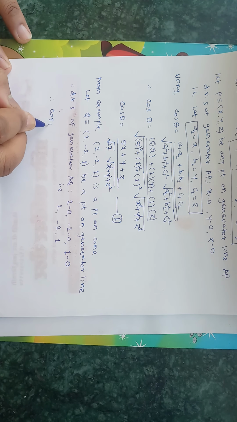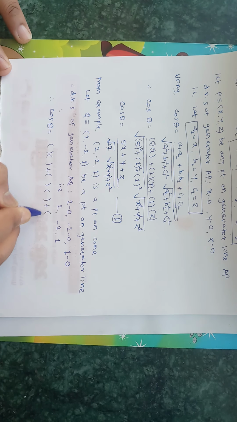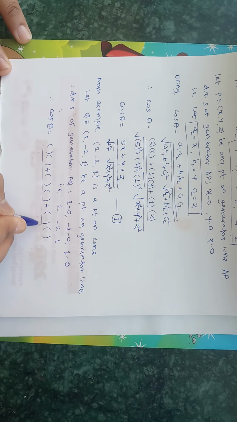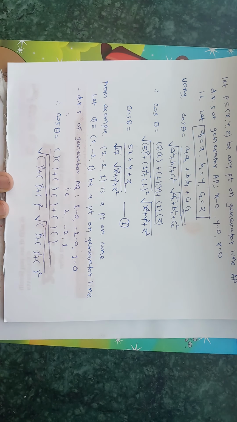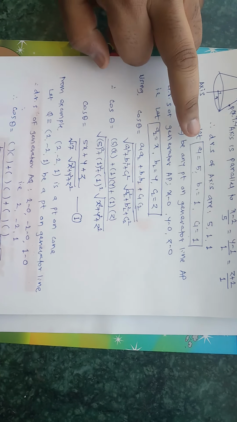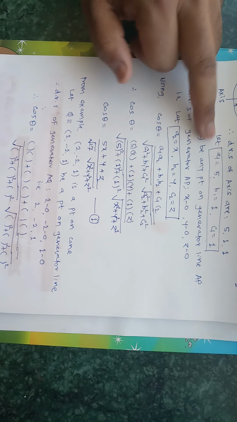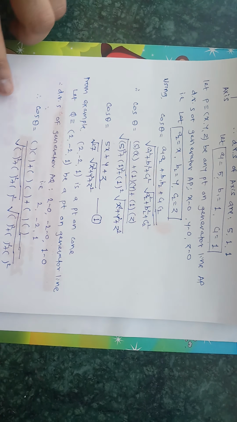Again the cone is the same, so the semi-vertical angle theta is again the same. Using the same equation, (a1 a2 + b1 b2 + c1 c2) upon root of (a1 square + b1 square + c1 square) into another root of (a2 square + b2 square + c2 square). Considering a1, b1, c1 the same, that means the DRS of the axis, and now you have to take a2, b2, c2 as this point (2, -2, 1).